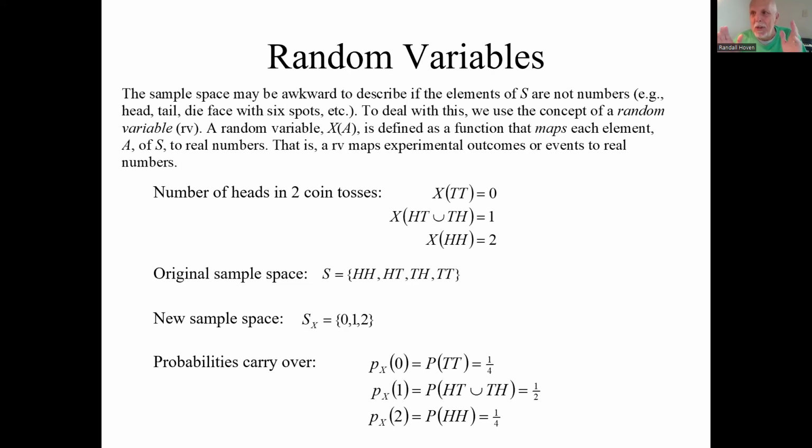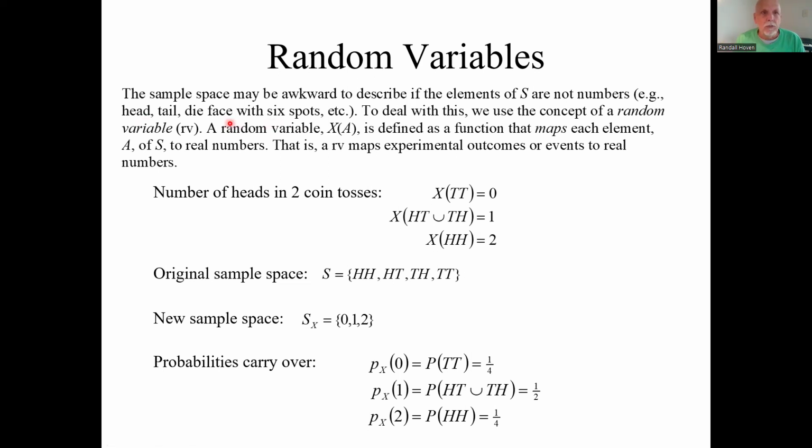The event is a number or a combination of numbers. So some of these mappings will be direct. Like you could say the tail in a coin toss maps to a 0 and the head maps to a 1. So you map those physical events to real numbers, 0 and 1.